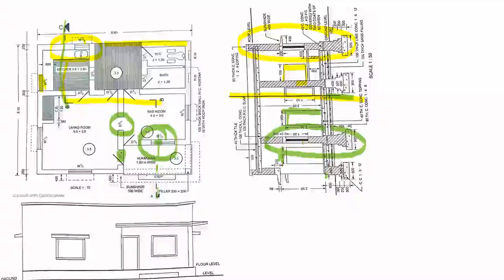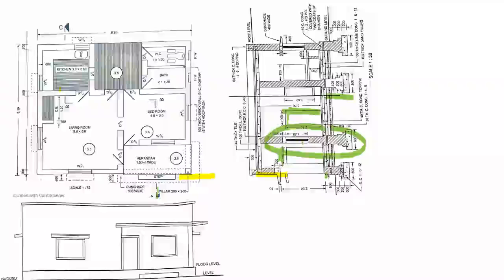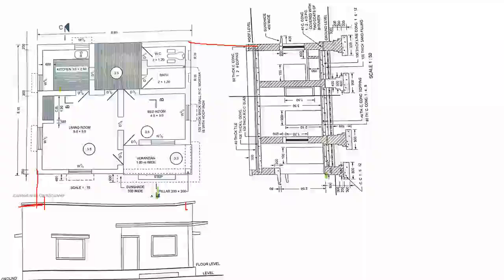So you have to extend these lines and draw your diagram. Listen, first of all draw the plan. After drawing the plan, you extend this. Actually, this should come here, right? You extend this and draw the elevation. Then you extend these lines and draw the section.